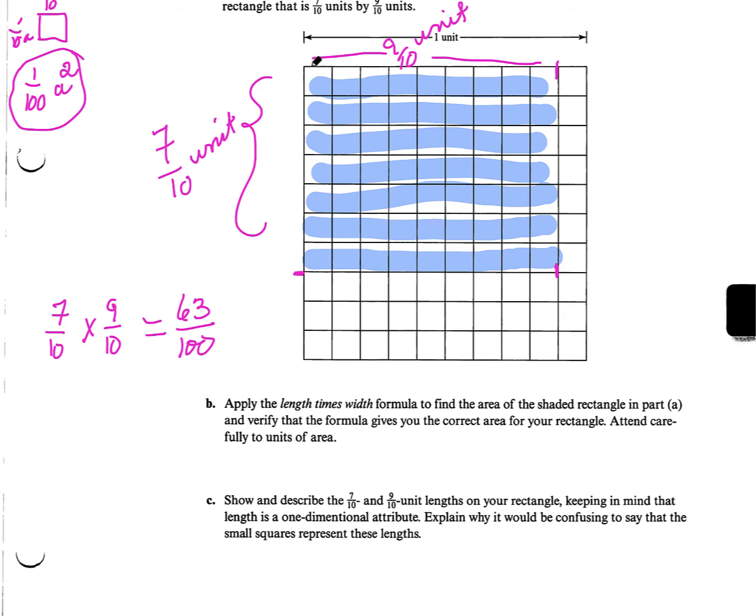And then our two-dimensional attributes are these individual blocks, which are 1/10 by 1/10. So it makes sense if this is one entire unit, there's 100 of these squares in here, and each one of these is 1/100th of that square.